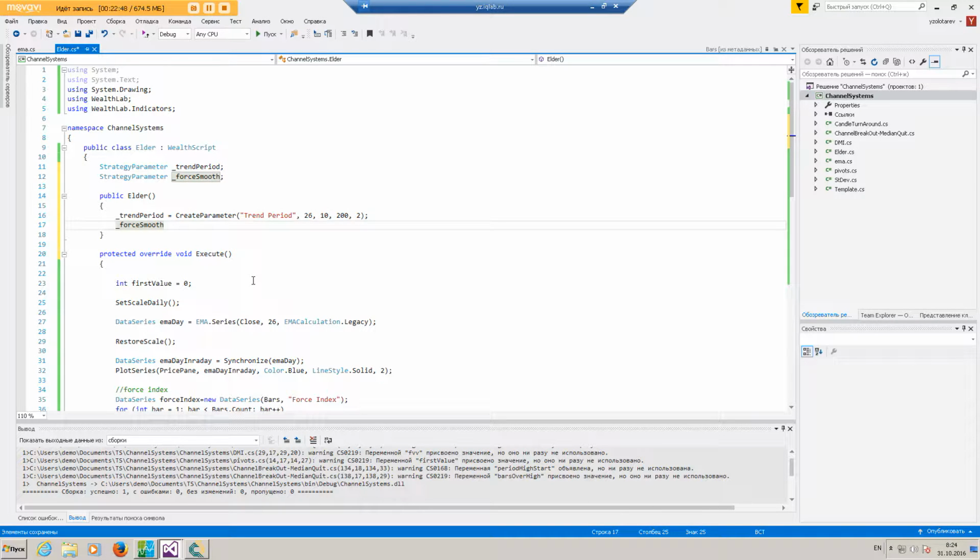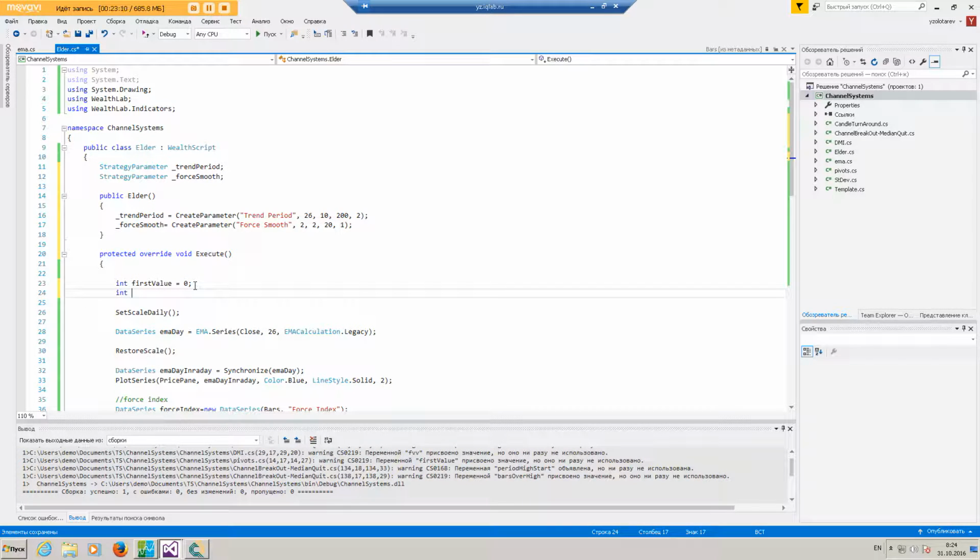You're gonna need a lot of data for 200, huh? Okay, force smooth, and 2 by default. 2 is the smallest, and I don't know, let's go up to 20 or something, and 1. Int trend period value.